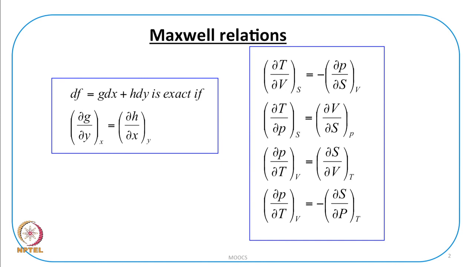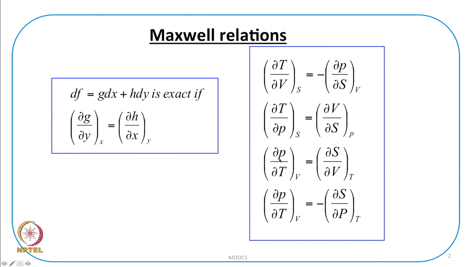The first Maxwell relation is dou T dou V at constant S is equal to minus dou P dou S at constant volume. Dou T dou P at constant S is equal to dou V dou S at constant pressure.